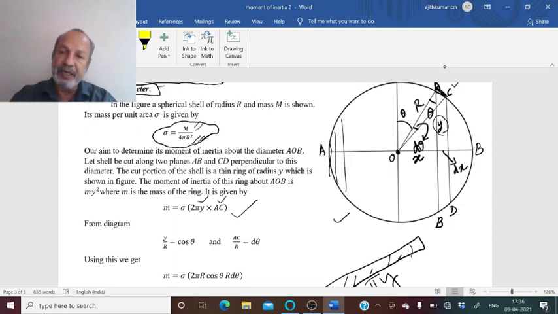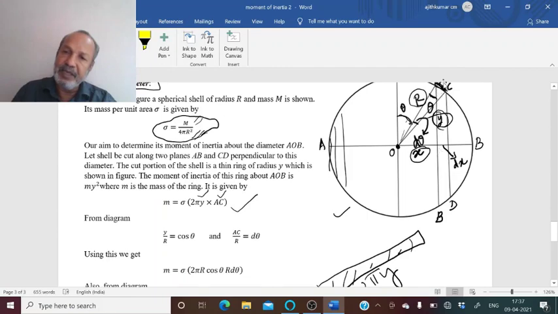And from the right angle triangle whose sides are this R, Y and X, this angle is theta, this is also theta, they are alternate angles.